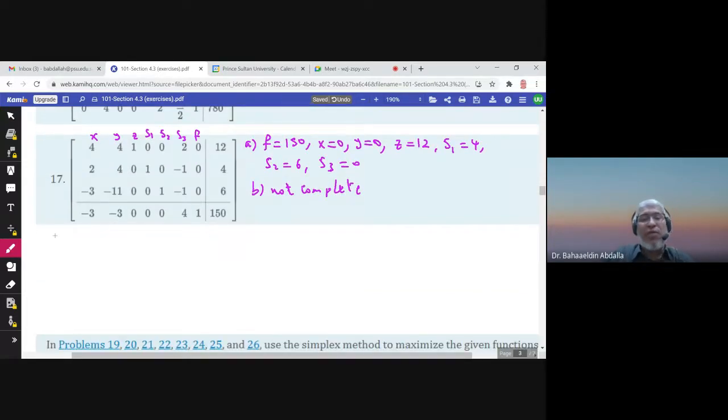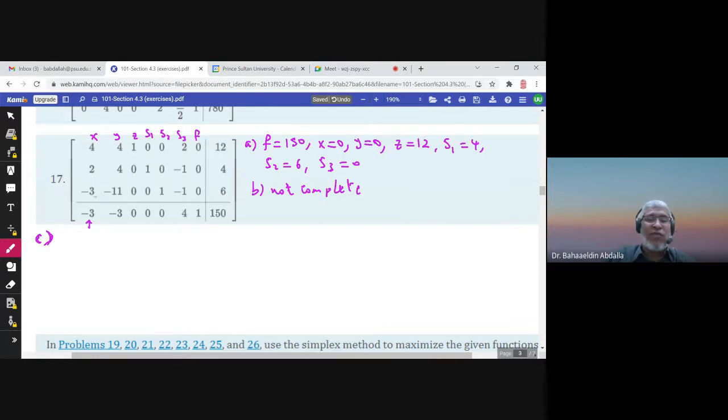Now part C, we have two choices actually because we have -3 and -3. So the pivot column could be this column or this column. So let me start by this column. If the pivot column is the first one, then I cannot divide 6 by -3.